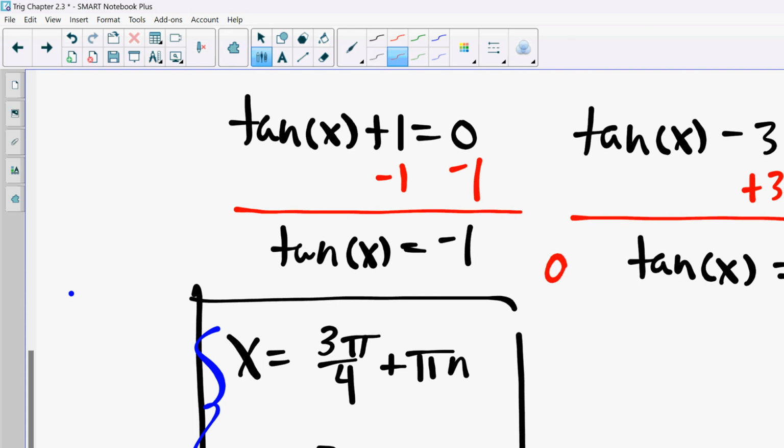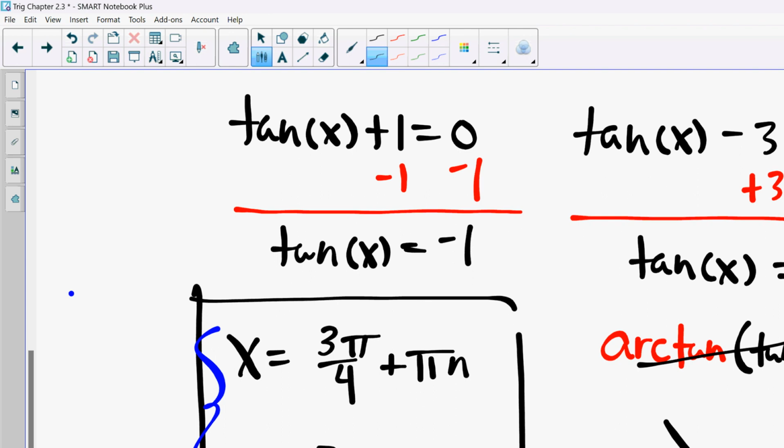But this time we're going to have to use our inverse functions. We're going to have to apply arctangent to both sides. So I'll write this out below. So what we're going to take is arctangent or tangent inverse of both sides, which will tell us that we have arctangent of tangent of x is equal to arctangent of 3.